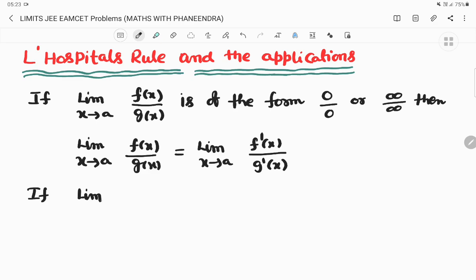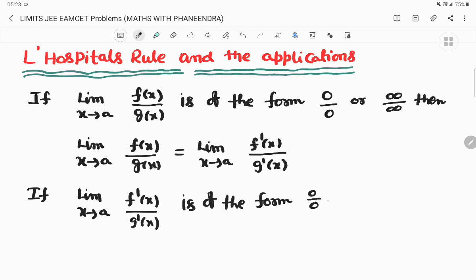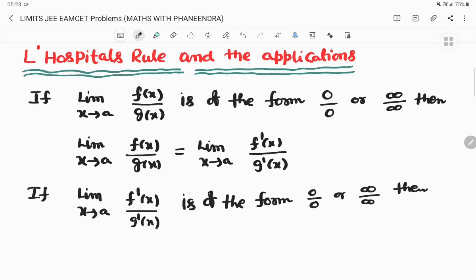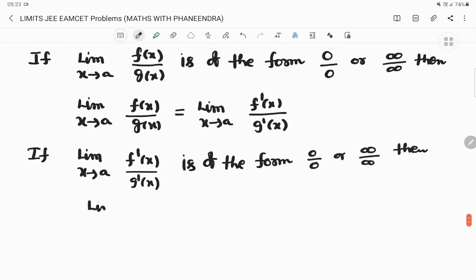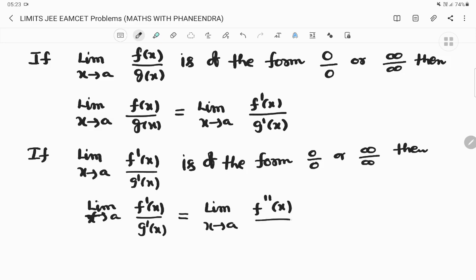If limit x extends to a, f dash of x divided by g dash of x is of the form 0 by 0 or infinity by infinity, then the given limit can be expressed as limit x extends to a, f double dash of x by g double dash of x.